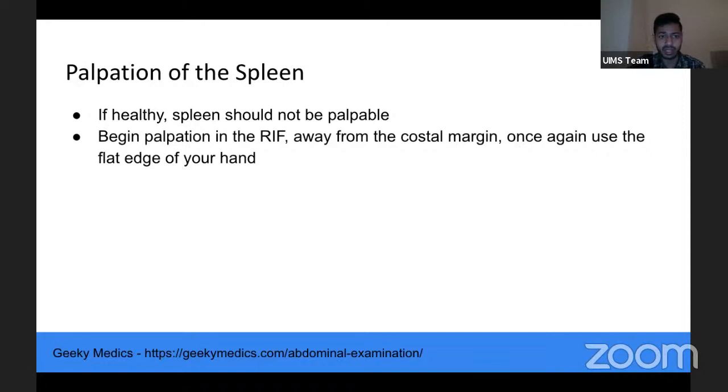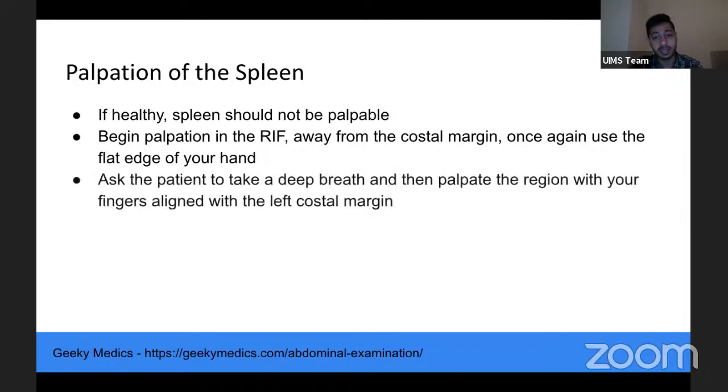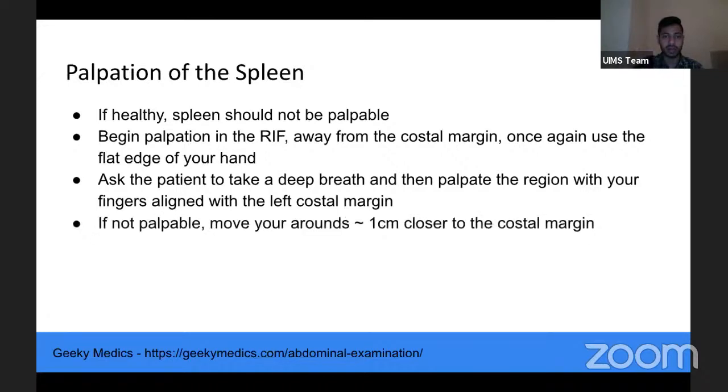Once again, we're using the flat edge of a hand, and we ask the patient to take a deep breath, and then we palpate the region with our fingers aligned with the left costal margin. If it's not palpable, once again, we move 1 centimeter closer.